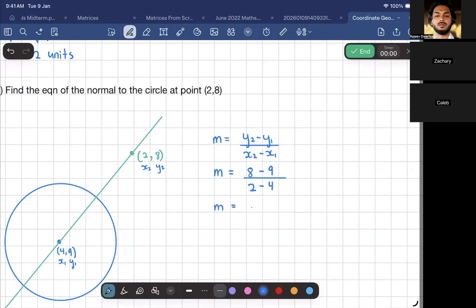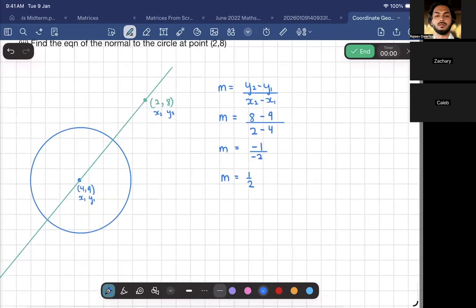Minus 1. What is 2 minus 4? Minus 2. What is minus 1 over minus 2? A half. Cool. So your gradient is a half. So we could go ahead and say gradient of the normal.